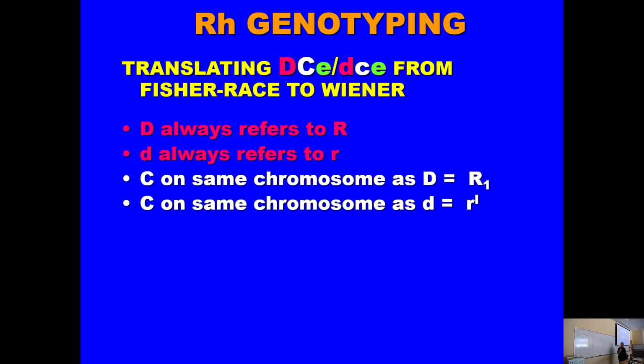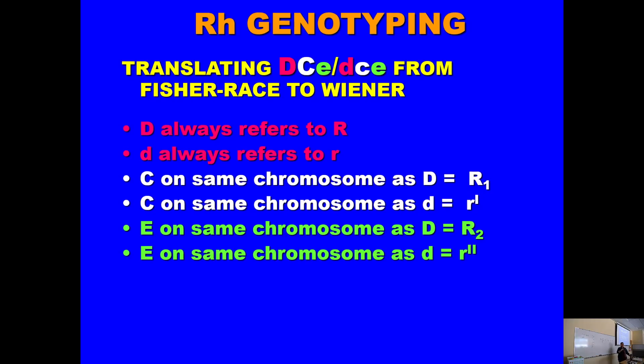Big C on the same chromosome as big D is a 1. Or big C on the same chromosome as a little d is a single hash. Big E on the same chromosome as big D is a 2. Big E on the same chromosome as little d is 2 hashes.